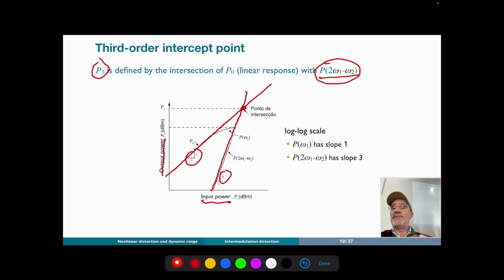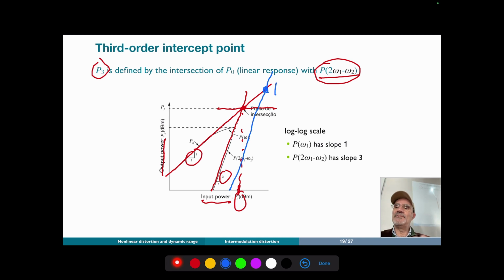And so it can be somewhere, if we refer the third order intersect point to the input, in this case we have a certain value here. But then we could have another amplifier that would have, for example, the same slope, but another amplifier like this, and then the third order point will be here, right?